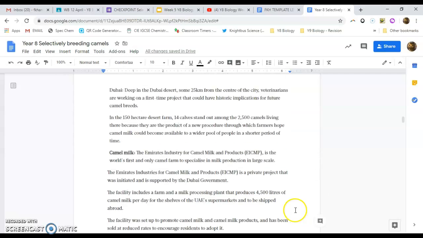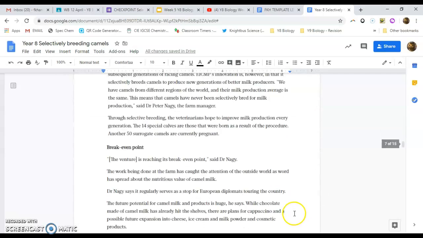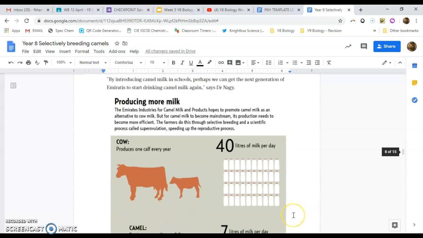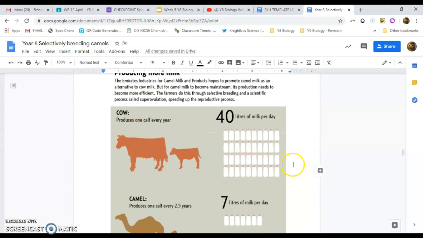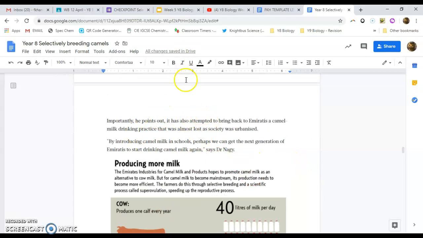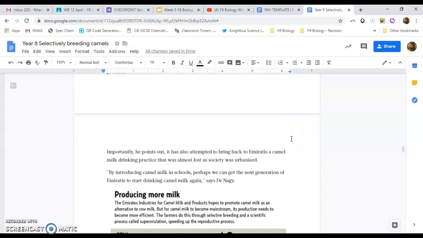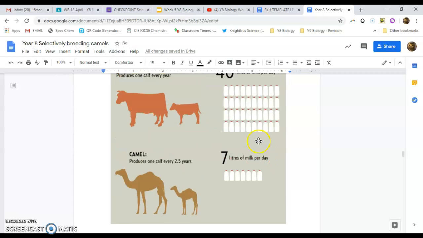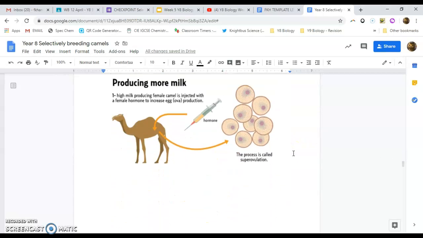The article is quoted, and it goes on for 3 pages, 4 pages, and then after the 4th page, there's actually a pictorial summary of what the information is before. So these pictures will actually help support your understanding of the different processes that take place.